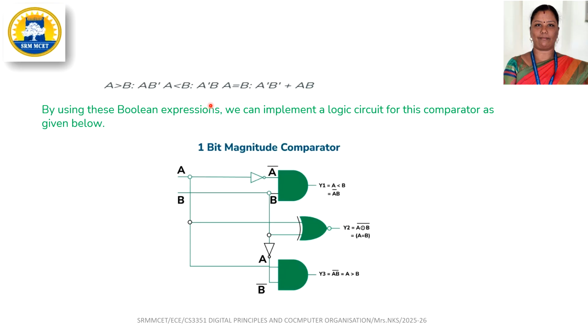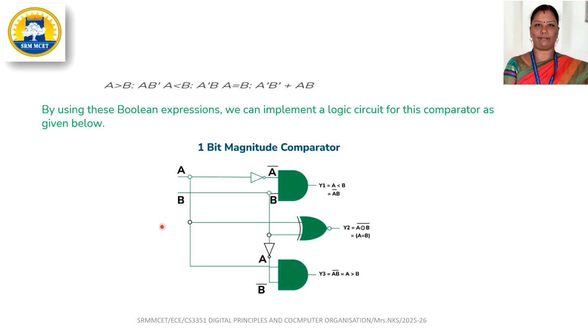With these logical formulas, we will design a circuit with our basic gates. This is the circuit designed with basic gates for the 1-bit magnitude comparator. Shall we explain with one input combination? Take A equal to 1 and B equal to 0.